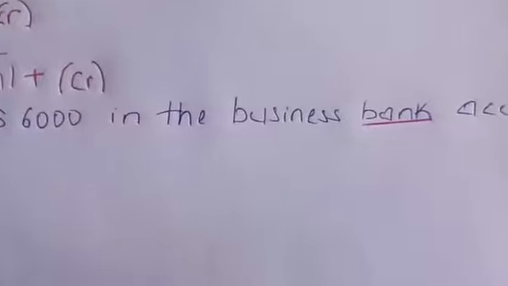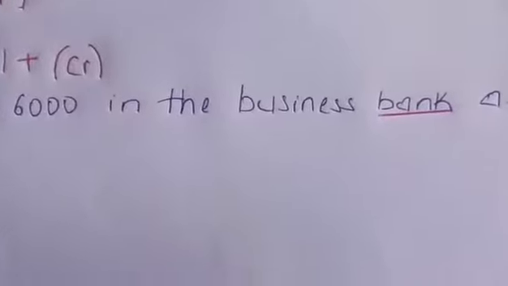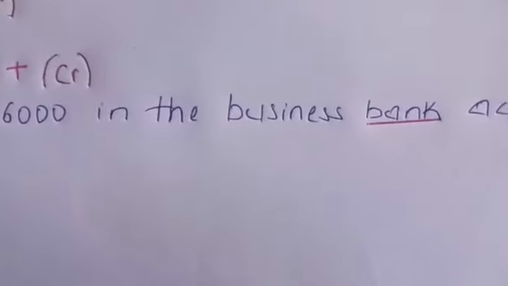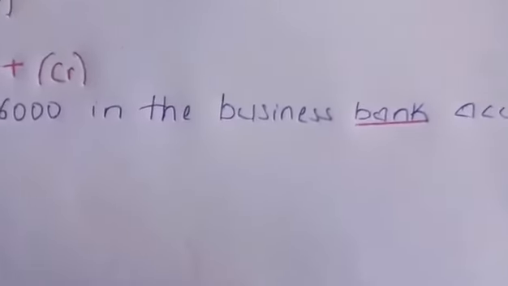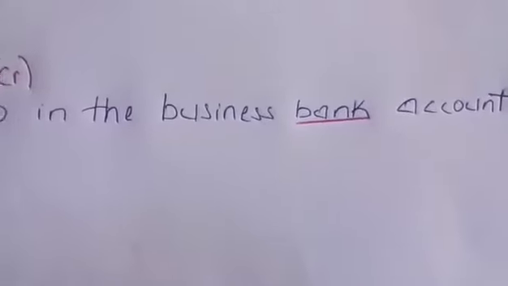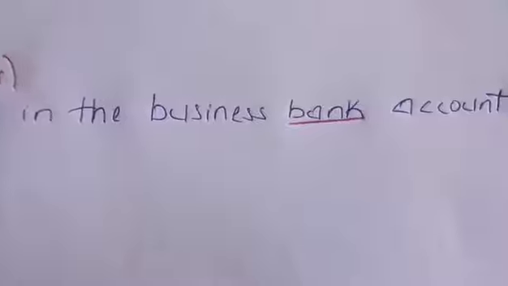And remember, bank is an asset. So you see it as an asset in the business. Cash at bank, we see it as an asset in the business. So as asset increases, now we are to debit. So let's quickly write that above bank. There we have it. So now we're going to show this transaction in the T account.